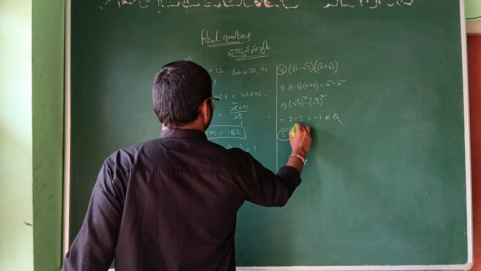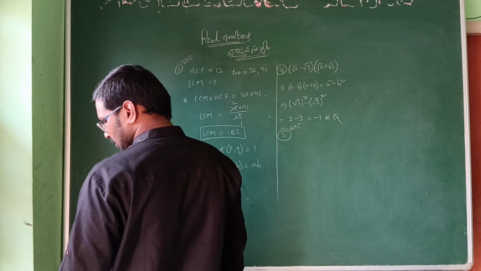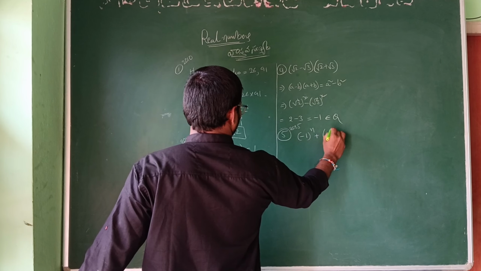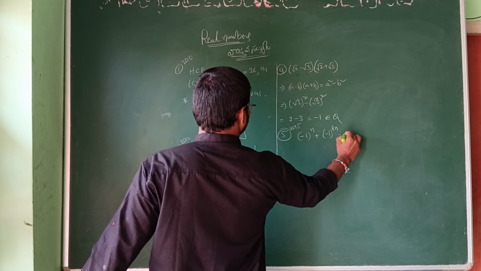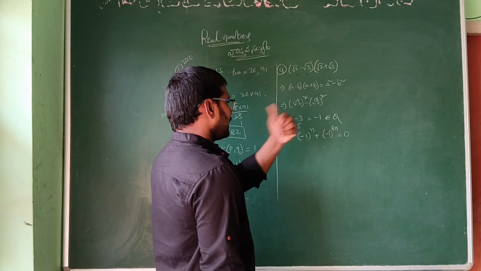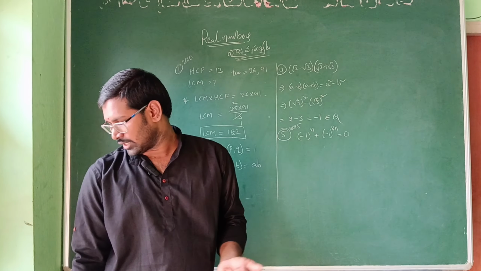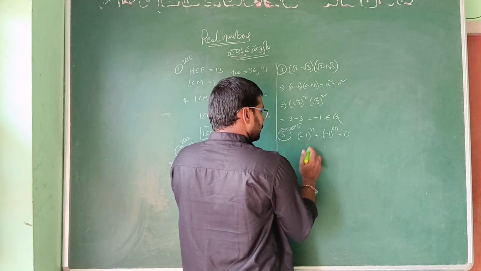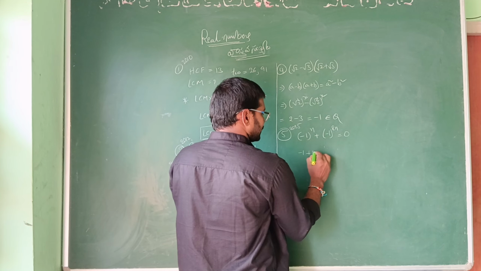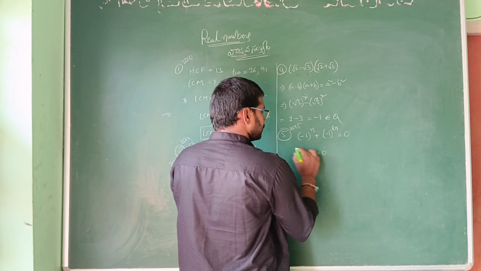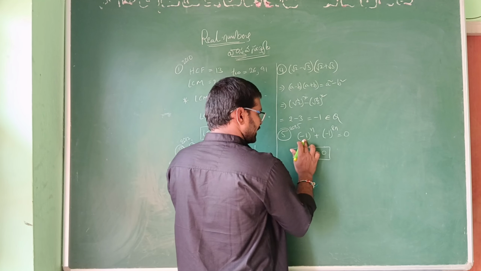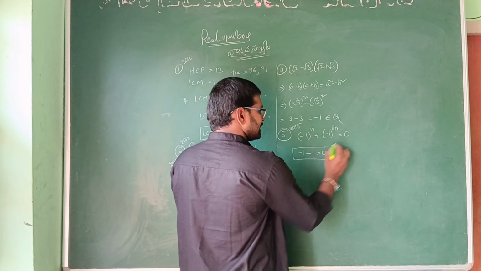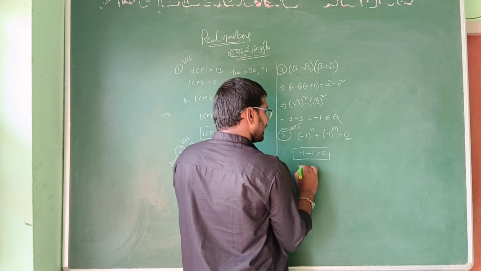In the 2025 previous paper: minus 1 whole power n plus minus 1 whole power 8n will give answer 0. What is the value of n? I want the answer to be 0, which happens when minus 1 plus 1. So what is the n value?